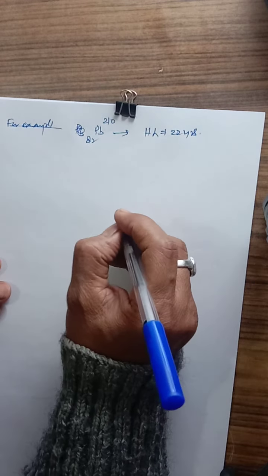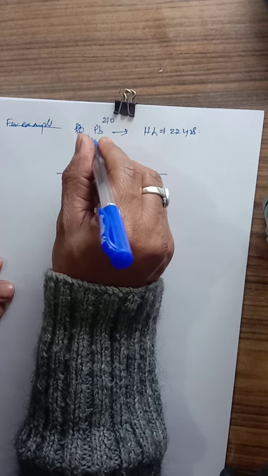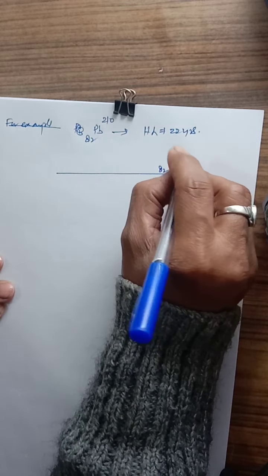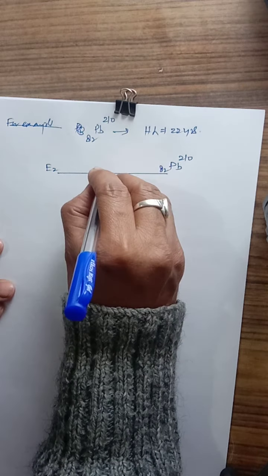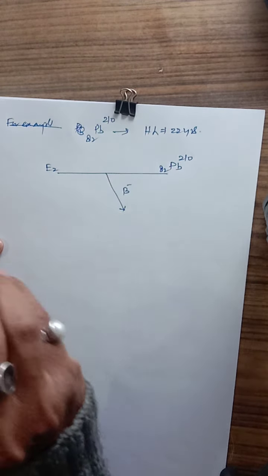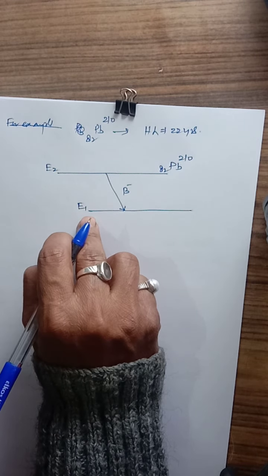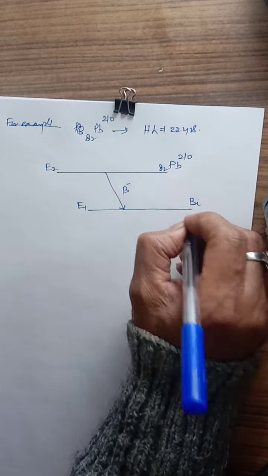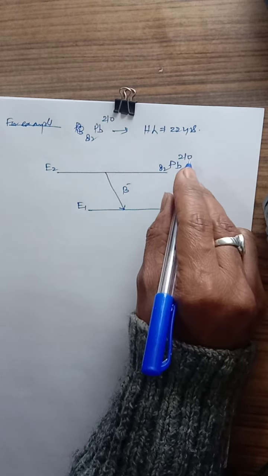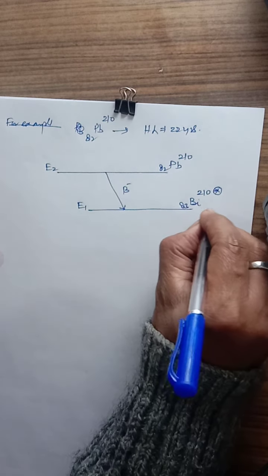So diagrammatically, I am going to discuss the lead, that is 82 210 lead. This is the energy level E2. Now when it emits a beta particle, it goes to the lower energy level, that is E1, and this is the bismuth 83 210, but the star means it is in the excited state.